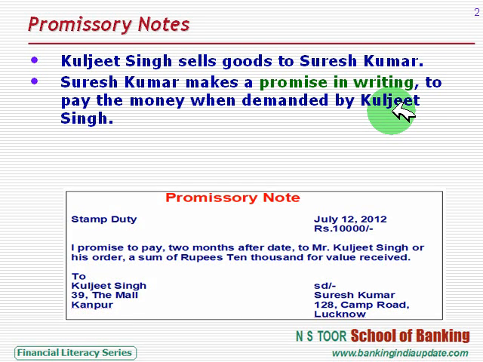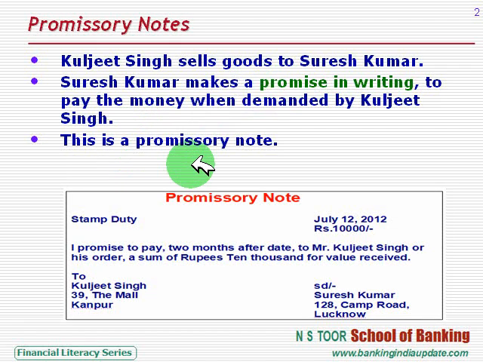So here is a contract of sale and purchase between Kuljit Singh and Suresh Kumar, whereby Suresh Kumar is purchasing the goods and he makes a promise in writing to pay the money when demanded by Kuljit Singh, the seller. This type of promise is called a promissory note.